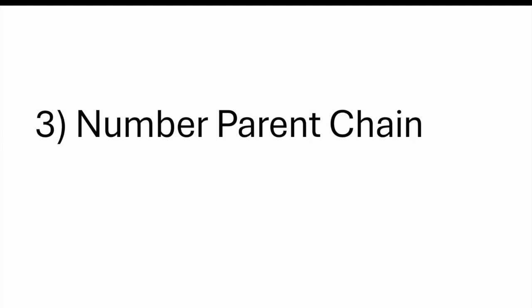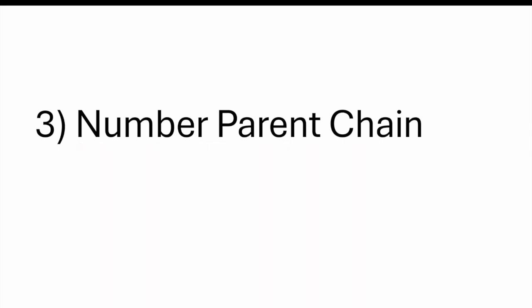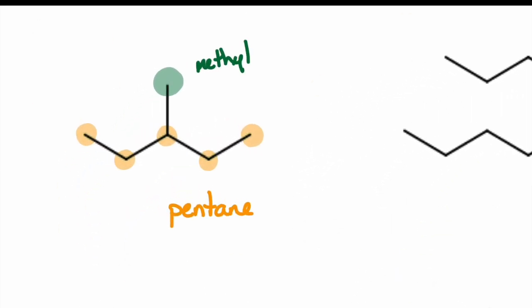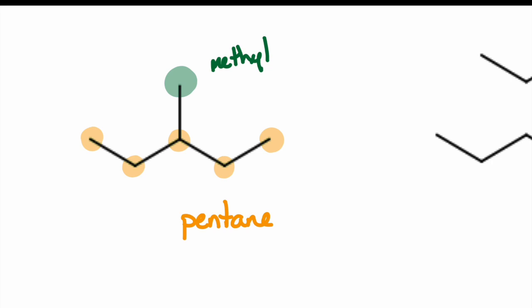We have to tell where on our parent chain that substituent is, where that methyl group is on that pentane parent chain. And we're going to do that by numbering our parent chain. Carbons 1, 2, 3, 4, and 5. So our methyl group here we can see is on carbon 3.